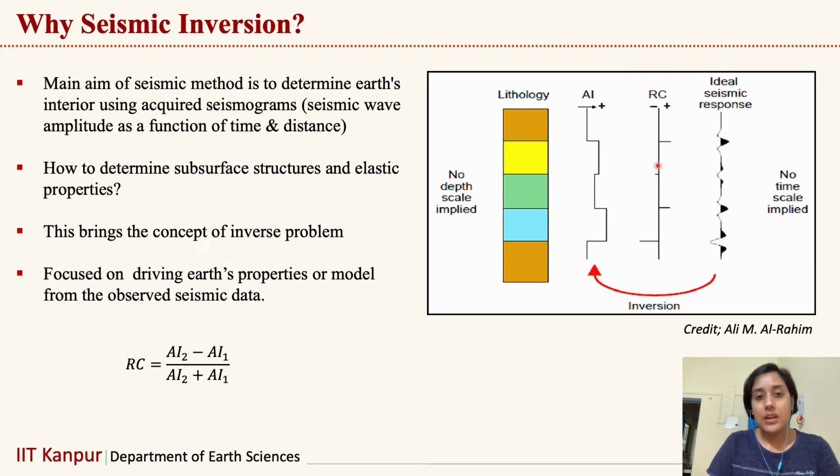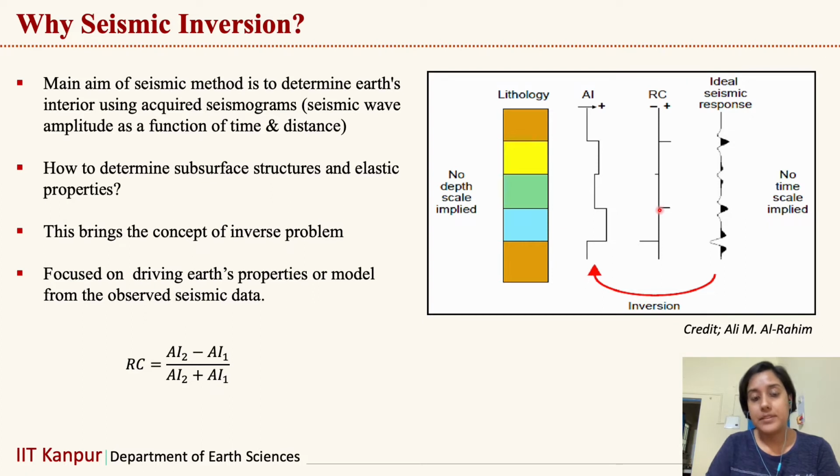You can see that whenever our acoustic impedance response changes at a particular boundary, we get a positive reflection coefficient, and when our acoustic impedance response reduces, we get a negative reflection coefficient.